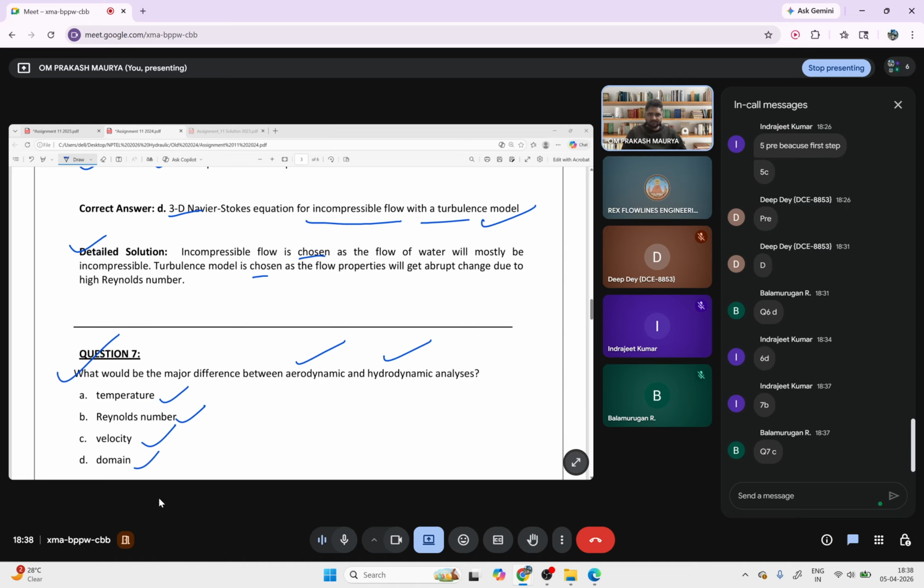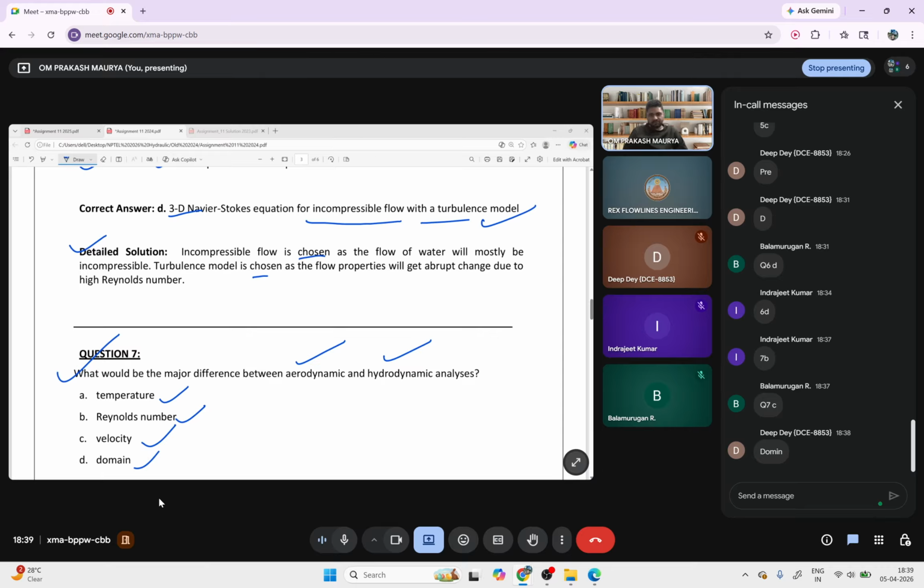Bala is telling C and Indrajit is telling B. Other students, please just write your answer in the chat box. Okay, so Deep is telling domain, option D.